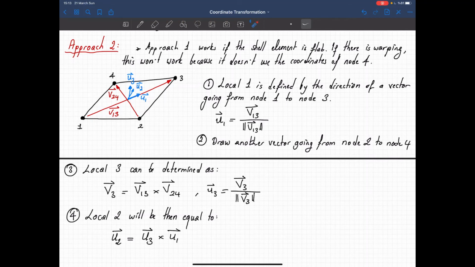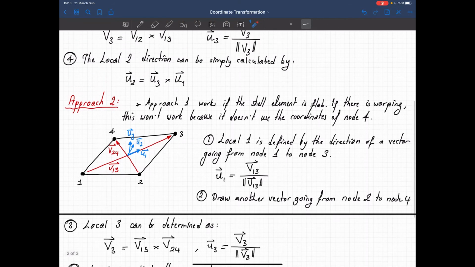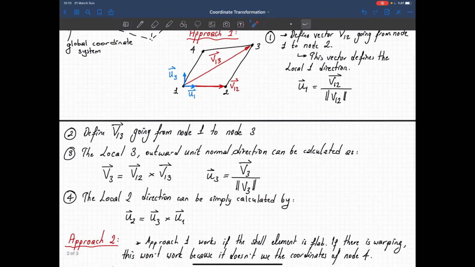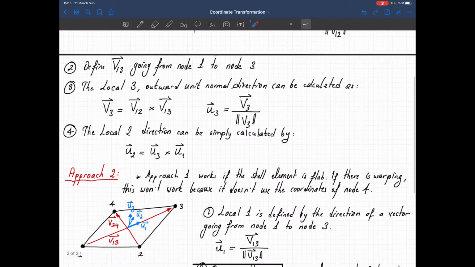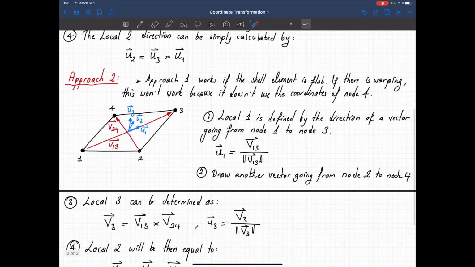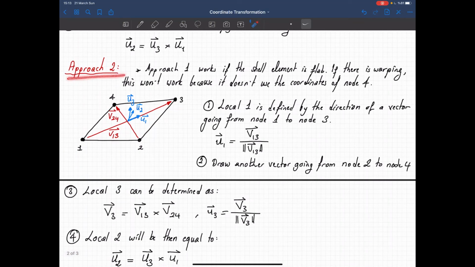You want to see your stresses or your local axes of your members follow the edges of your elements. This is the very usual way. So that's why while showing the stresses, approach 1 is usually preferred. But for doing the stiffness matrix transformations, this approach is usually used.